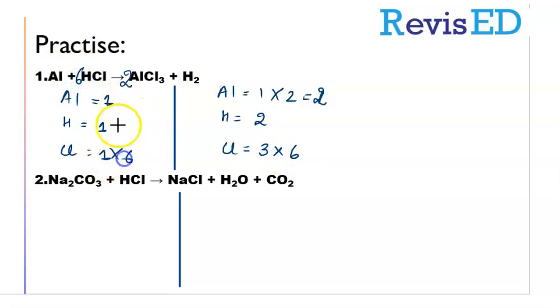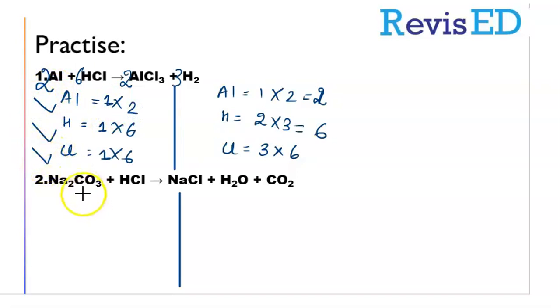So chlorine is 6, aluminium is 6. It means your chlorine is balanced but your hydrogen is not balanced, so multiply it by 3. If I multiply it by 3, it is also 6. So this is balanced. Now aluminium is 2, so multiply it by 2. So aluminium is balanced, hydrogen is balanced, chlorine is balanced.